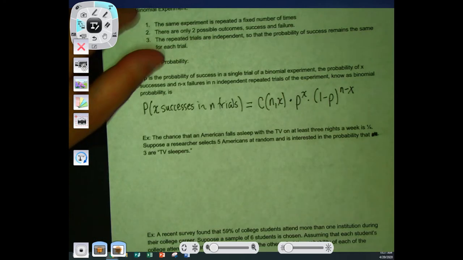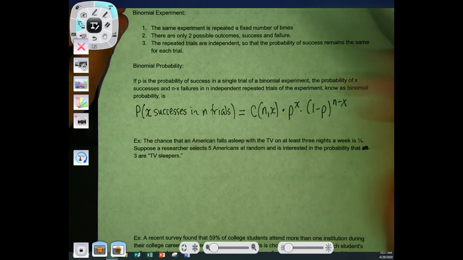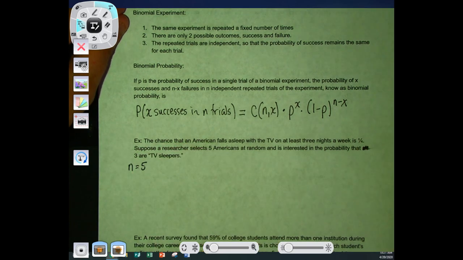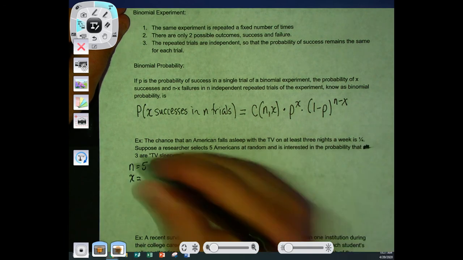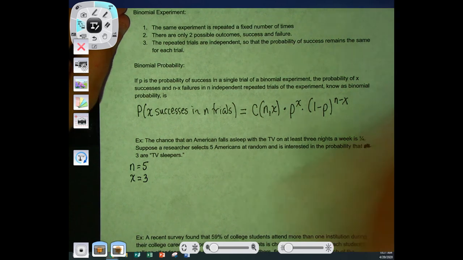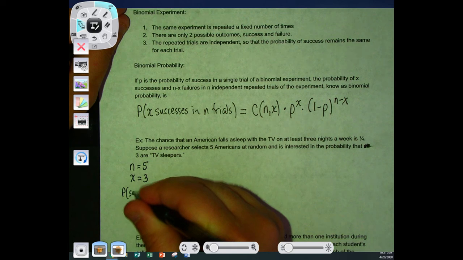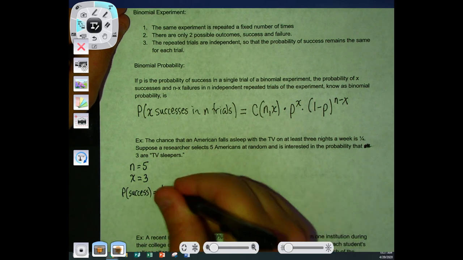First things first, we know that our n is 5. That's how many that we're choosing from. And our x is equal to how many we want here, so that's 3. And we know that the probability of a success, which in this case is being a TV sleeper, is 1/4.